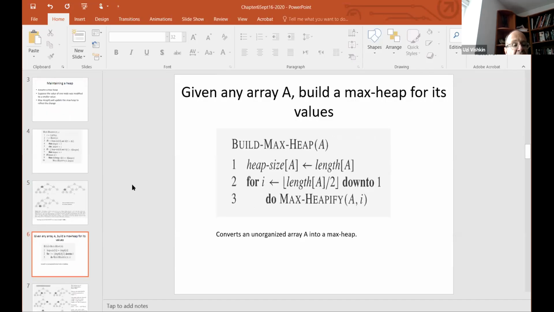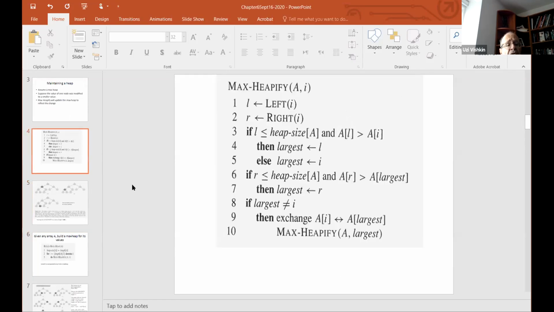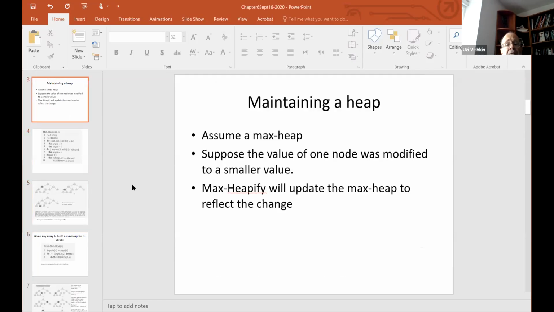Okay, so I hope that the notion of max heapify is clear, and its complexity is proportional to the height of the node to which you applied it. And I also hope that you remember why we have here really a notion of maintaining a heap, where you start with a legitimate heap, you have a query, which is a change of value, and now you incorporate it.